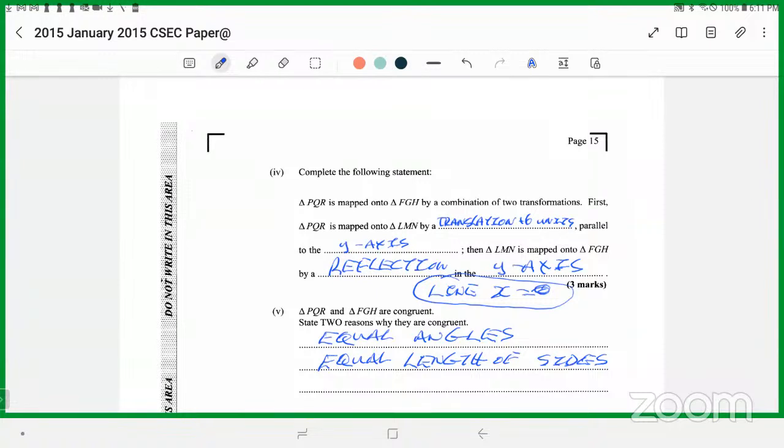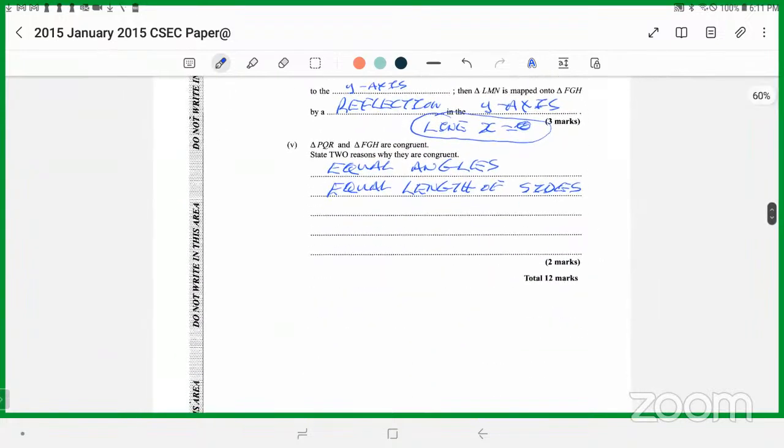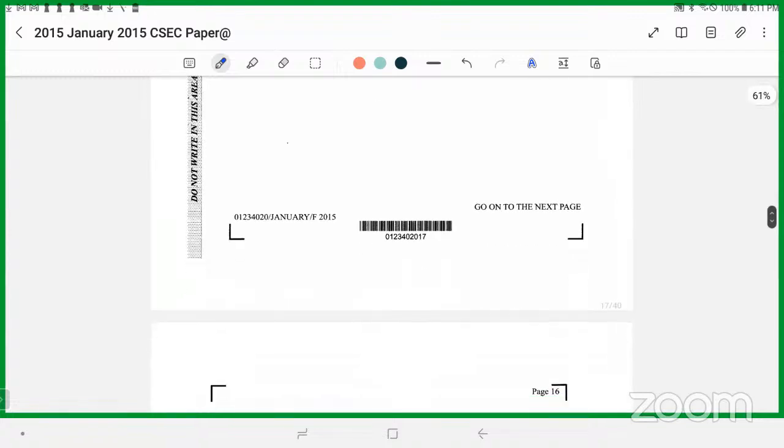When shapes are congruent, the angles are equal and the sides are equal in length. Right? That's it. These are congruent triangles, equal in every way.